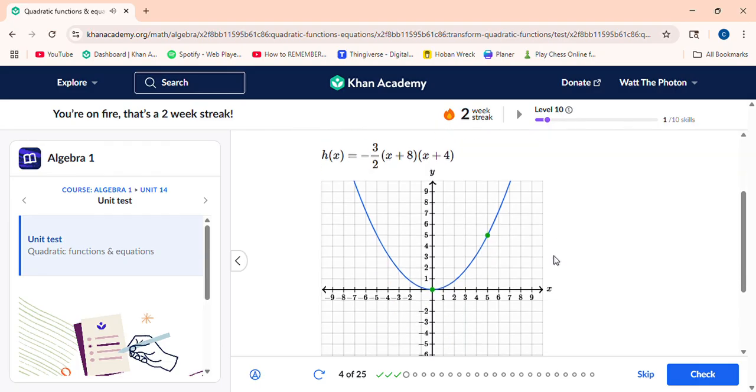Graph the function. Okay. So it has an intercept at x equal to -8 and -4. And -32. That sounds about right. Let's check it with my calculator.